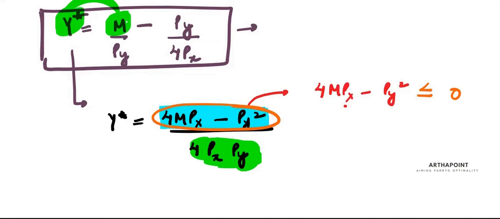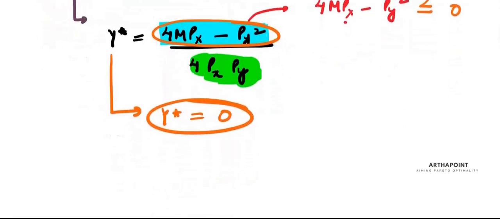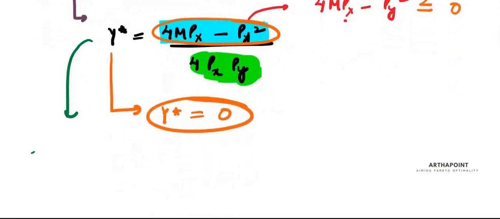Then in that case, your y cannot be negative. You cannot consume negative quantity, but it will come out to be negative or 0. So in that case, your y would simply be 0. So if your numerator is negative or 0, y star will be 0, because you cannot consume negative quantity. If y star is 0, then you're spending your entire income only on x.